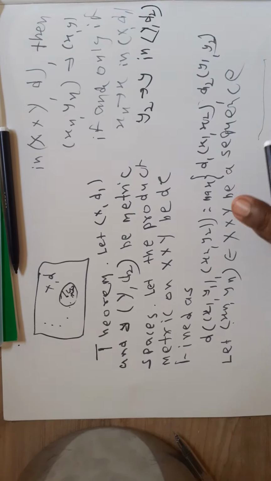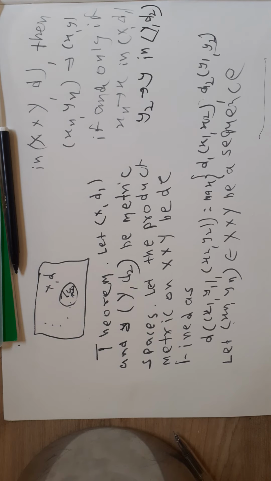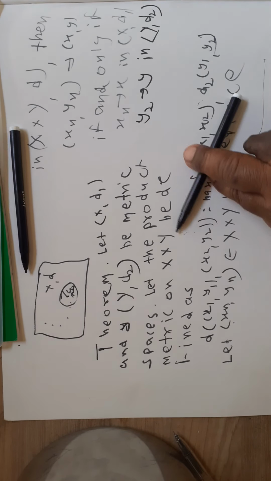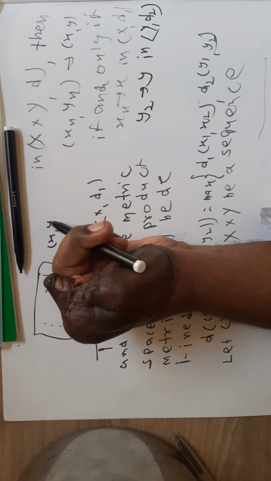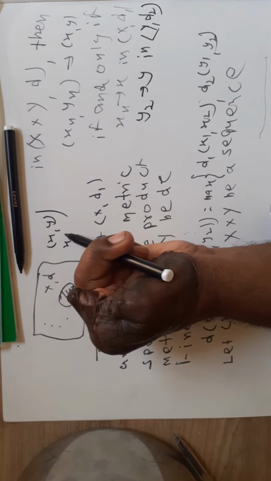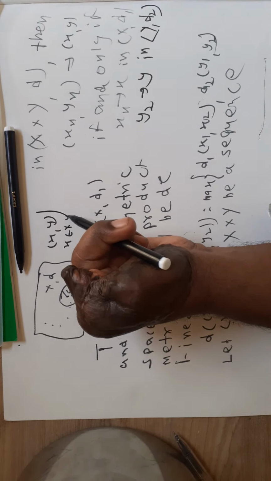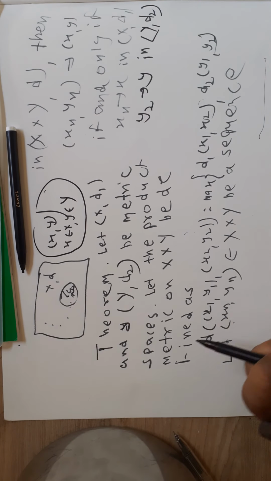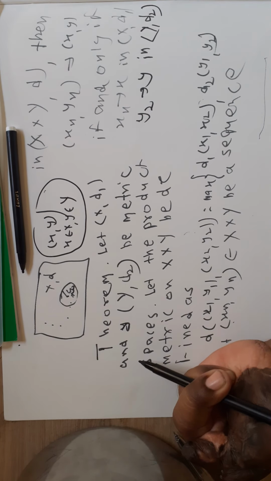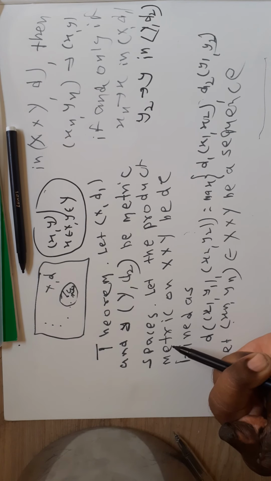Now see this theorem. Suppose (X, d1) and (Y, d2) are any two metric spaces. See here, X cross Y is the set of elements of the type (x, y) such that small x belongs to capital X and small y belongs to capital Y. (X, d1) is a metric space, (Y, d2) is another metric space.